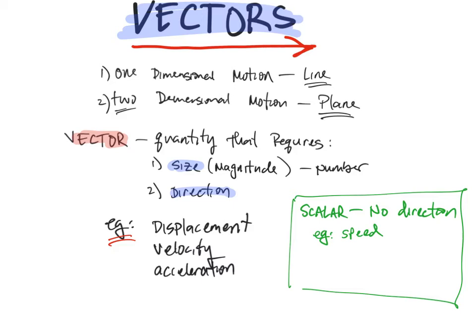It doesn't have a direction. It's just how fast you're going. There are others like volume. For instance, if I told you I had a gallon of milk, it wouldn't make any sense to say I have a gallon of milk to the left or a gallon of milk east. It's just a number. So there are other quantities called scalars, where you don't need a direction. You just give a number.